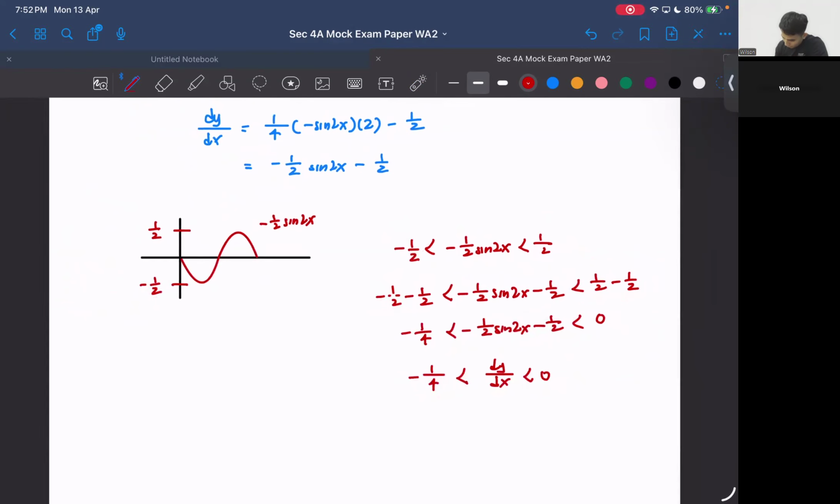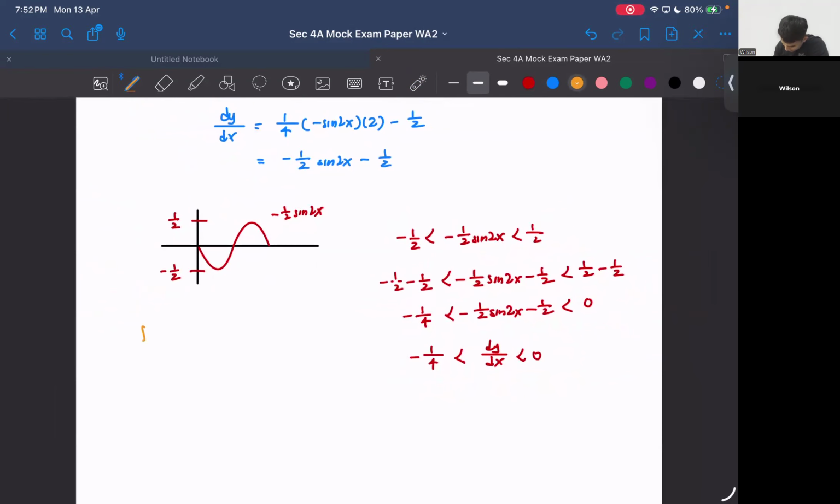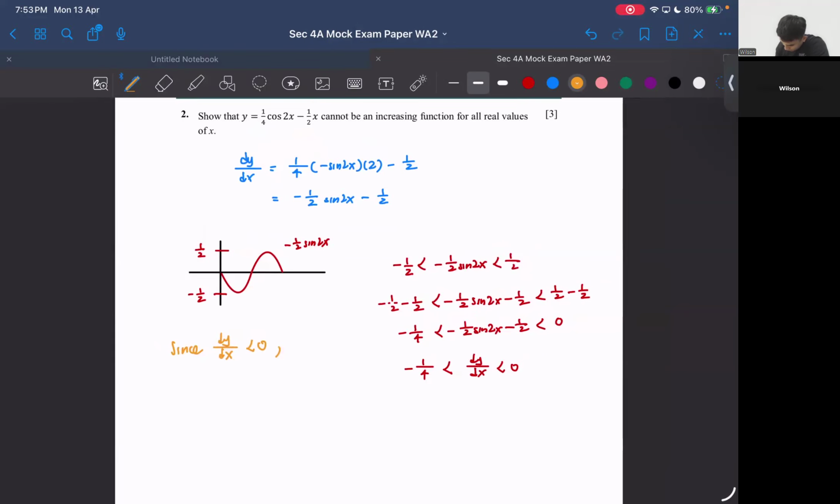So you can conclude, since dy over dx is less than 0, the function cannot be increasing. Cannot be increasing. Does it make sense for you?